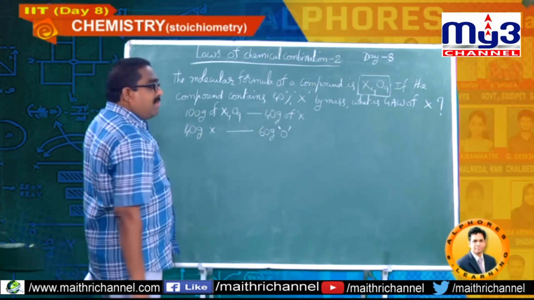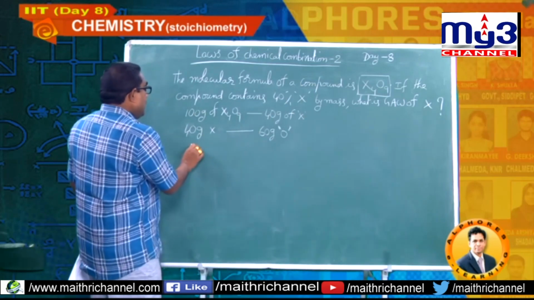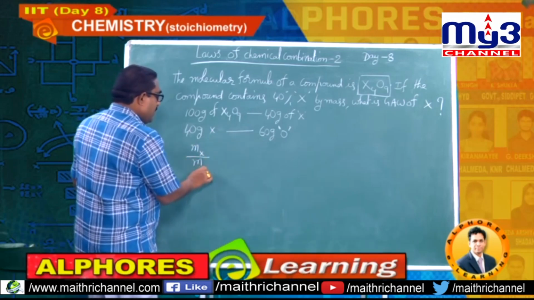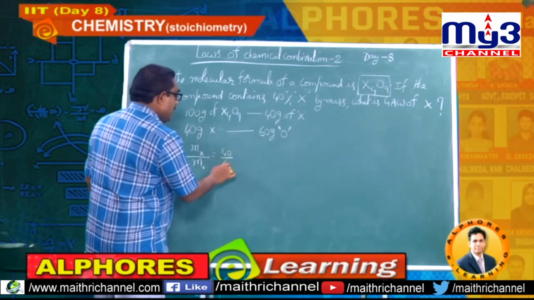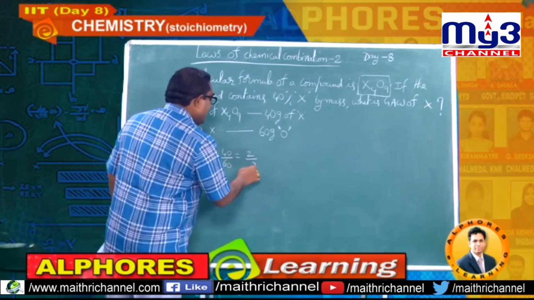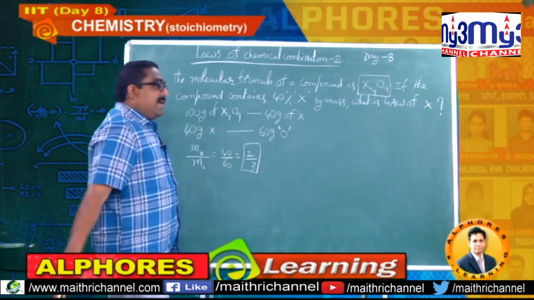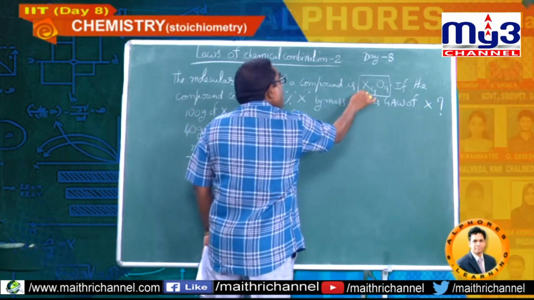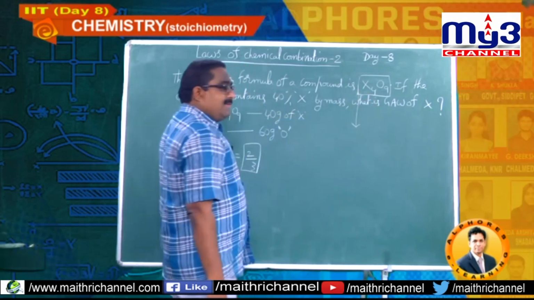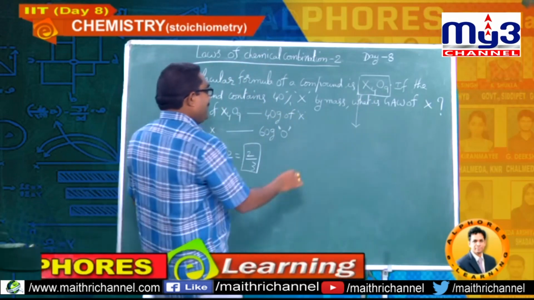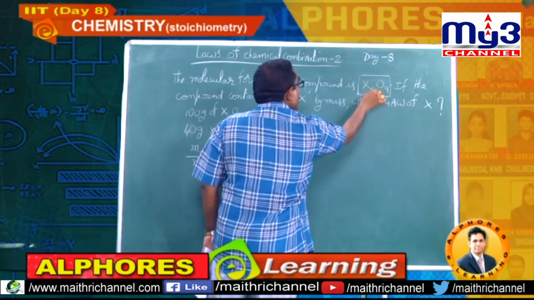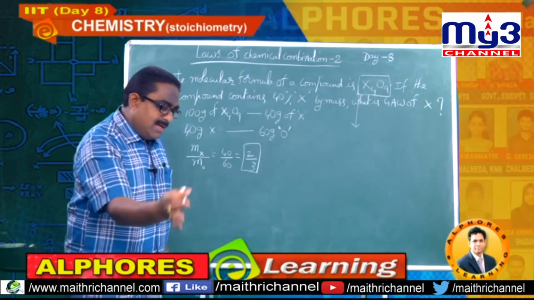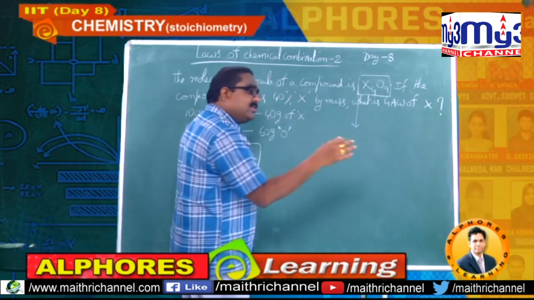So now I am taking the mass ratio of mass of X divided by mass of oxygen, 40 by 60, that is 2 by 3. So this ratio is constant. Now from the formula we can write like this: we don't know the atomic weight of X. Please consider that as X only itself, otherwise you take it as small x.